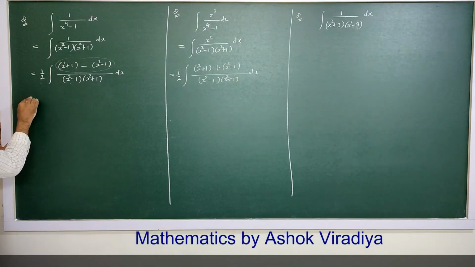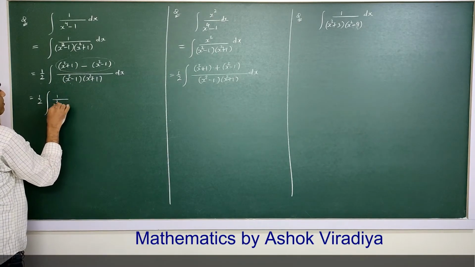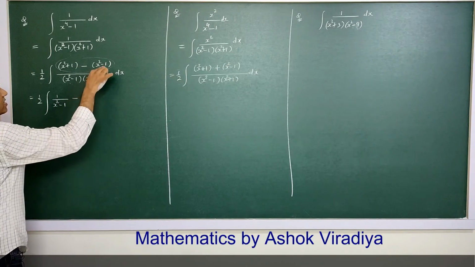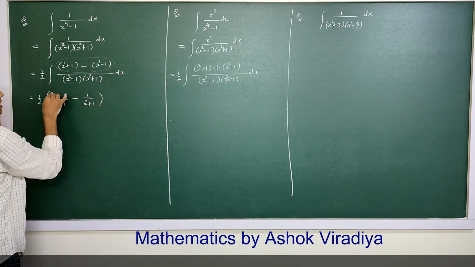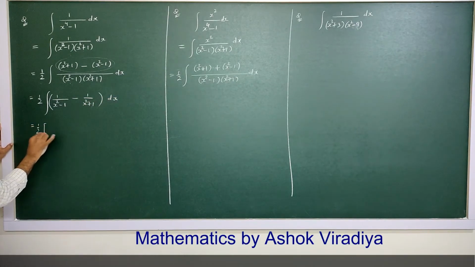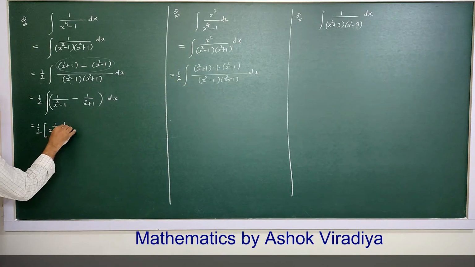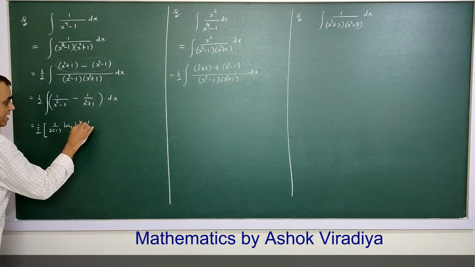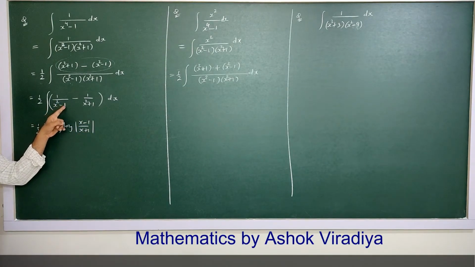So in the next step, dividing this individually, this will be 1 upon x square minus 1 minus 1 upon x square plus 1. Now it is easily integrable. Its integral is 1 upon 2a log mod x minus a upon x plus a for 1 upon x square minus a square.